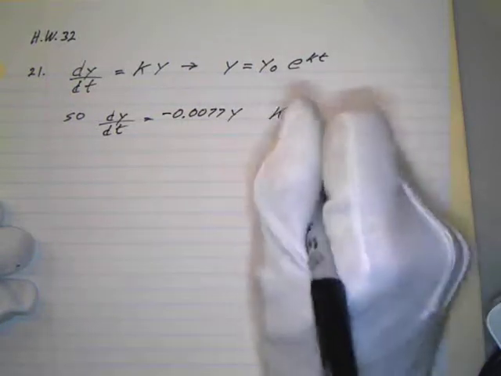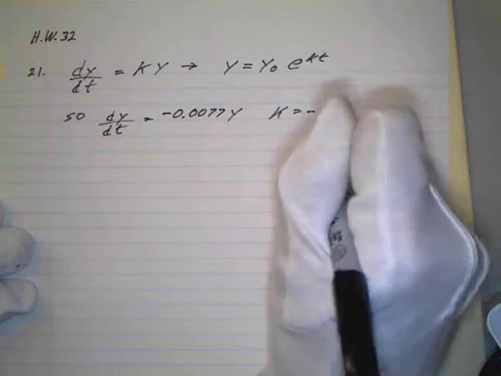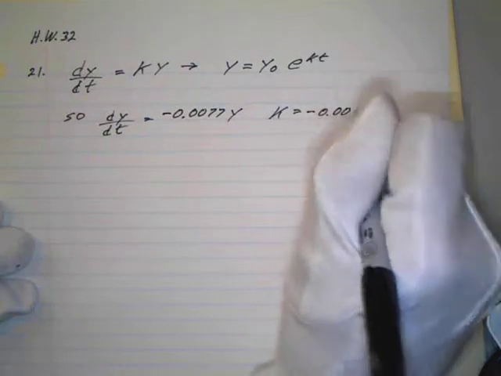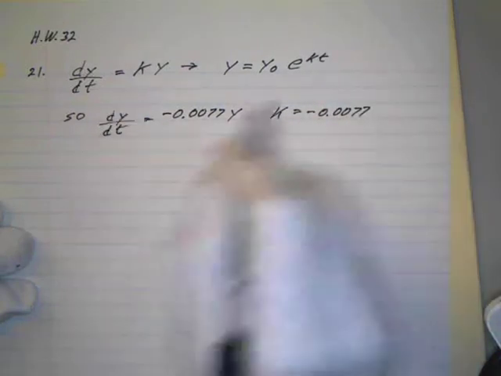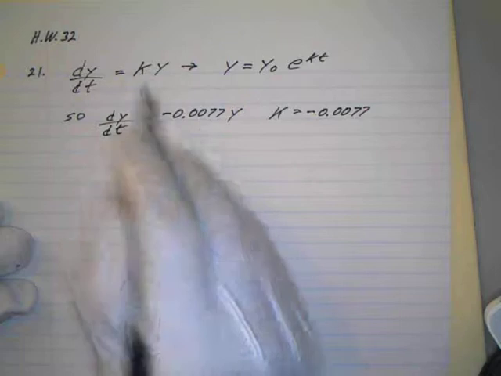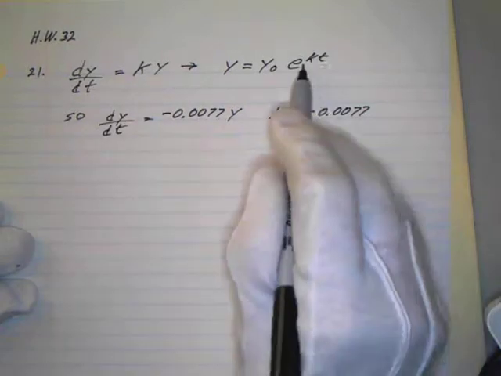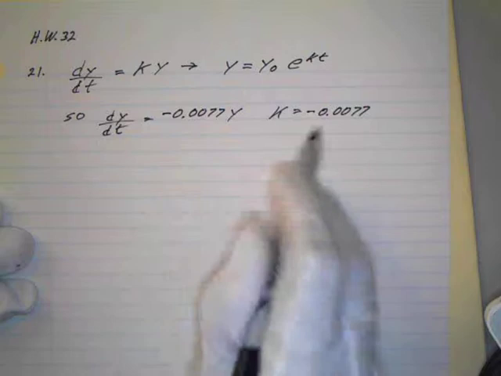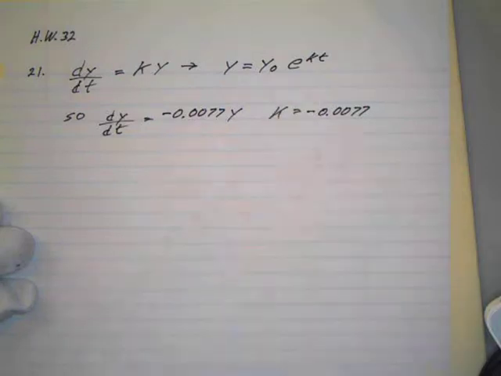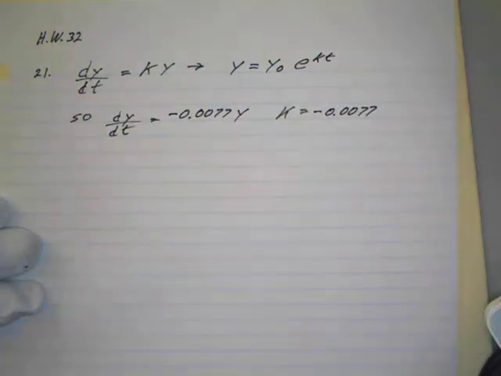So we can derive from this that k equals negative 0.0077. That's the k that's over here. All right, so you see how that coordinates. ky, kt. So k is that. They could derive it, but we already did it earlier, so we can go from there.